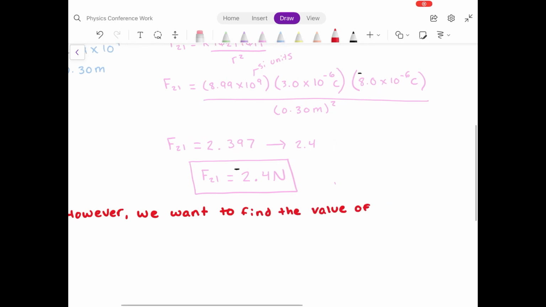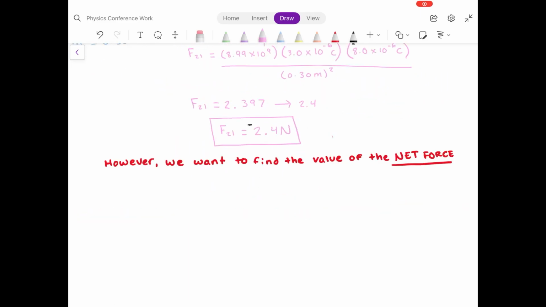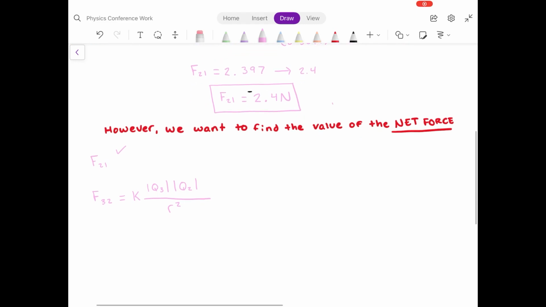We want to find the value of the net force. So, while we already have the value of F21, we now need to find the value of F32. So basically, our new equation will be K constant times the absolute value of Q3 times the absolute value of Q2 over R squared. And this time, R will be the distance between charge 3 and charge 2.